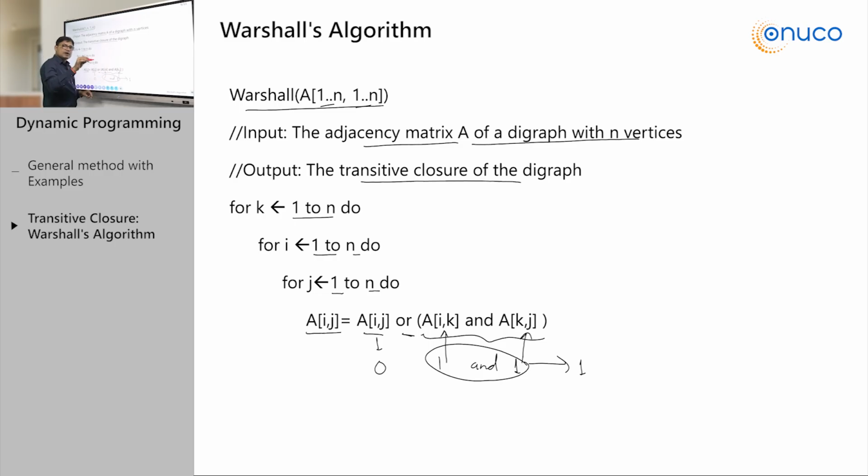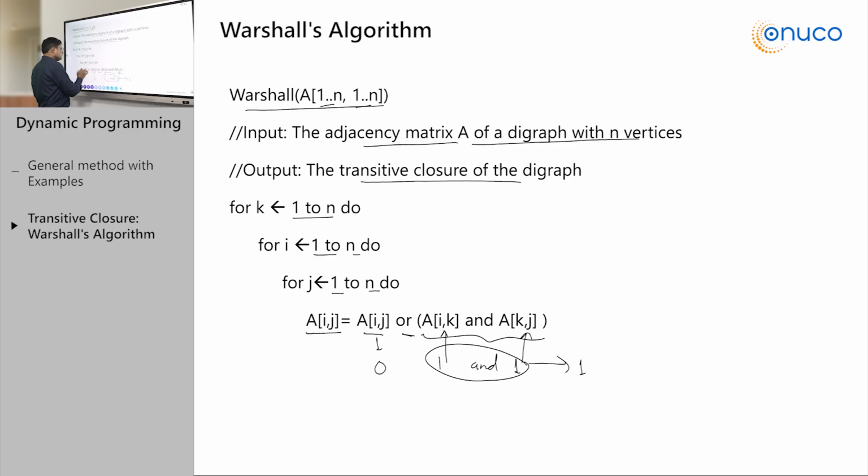As I said, there is a path from A to D and D to C. Here it is A to D, I to K and K to J. I is the source, J is the destination. So via K, it is going to find a path. And likewise we are going to implement this and find all the transitive closure.